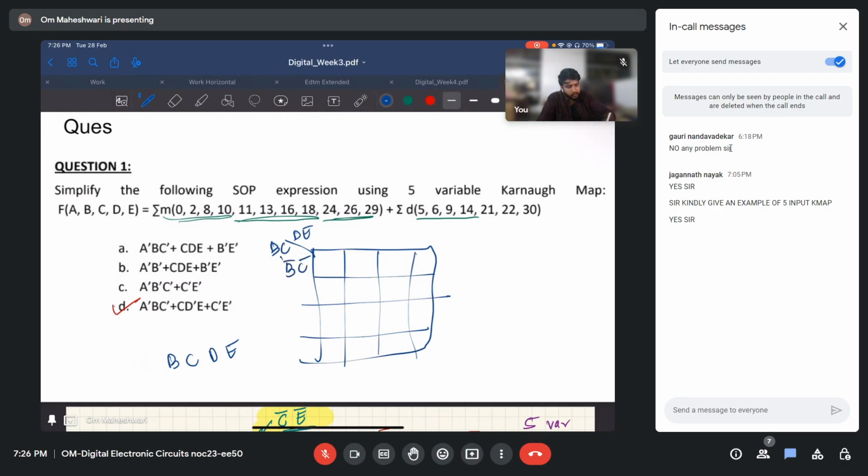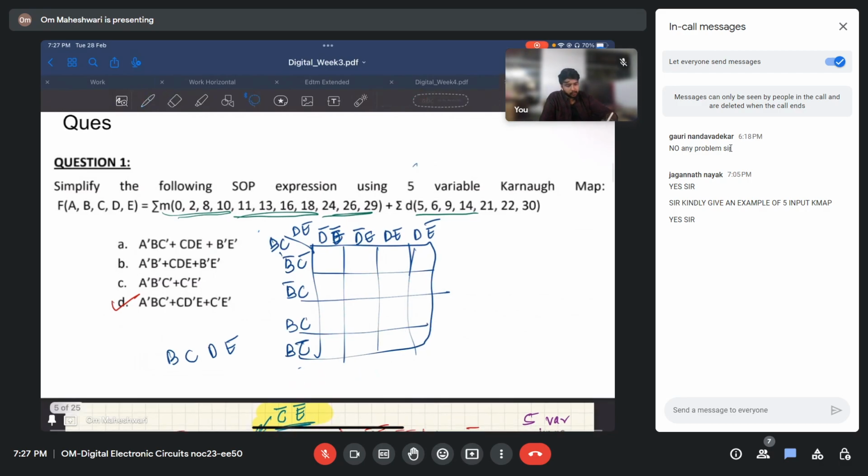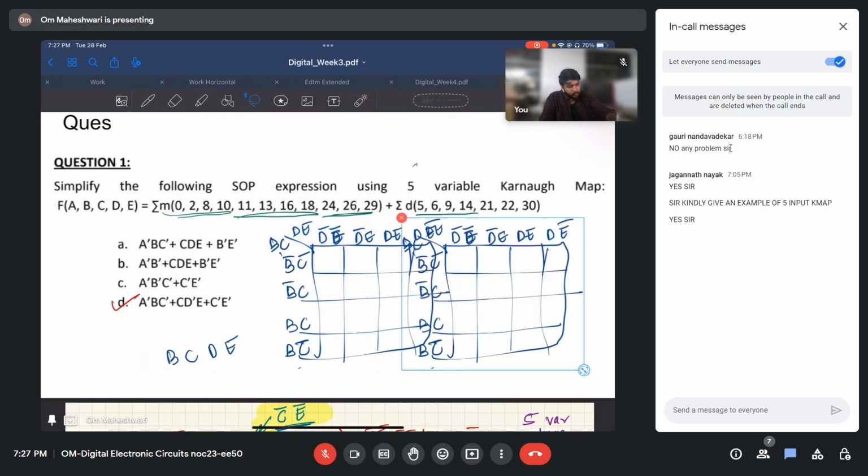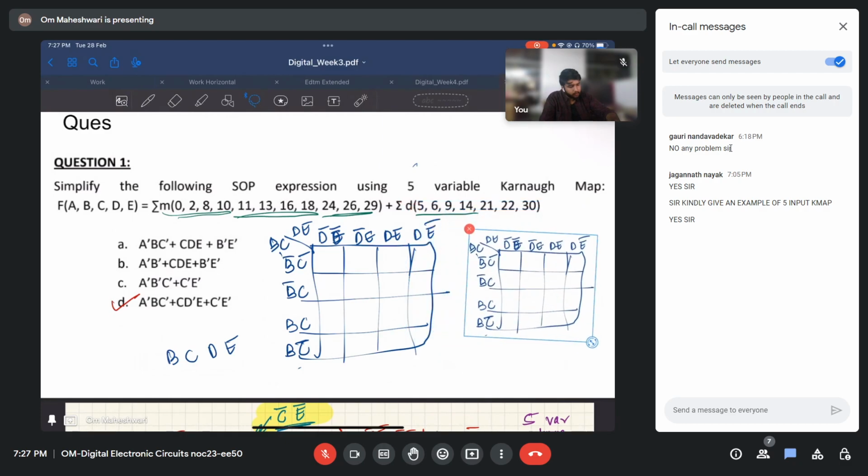So B bar C bar, B bar C, B C, B C bar, and here D bar E bar, D bar E, D E, D E bar. So here I can form any combinations of B, C, D, and E. Now what is missing for 5 variables? The A variable is missing, right? So what we do is we draw 2 such K maps. I copy this here, paste it here, and shorten it.